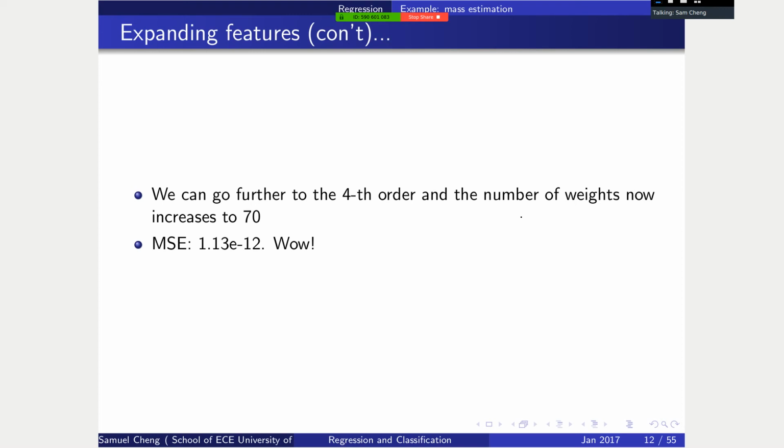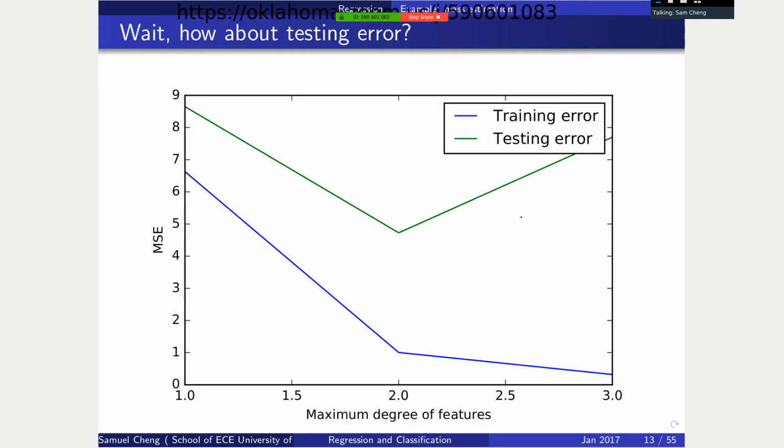But what's wrong with that? It seems like I have a free lunch here. Is there something wrong here? Yes. I'm only showing you the training error, but if you look at the test error, it's not really doing so well.